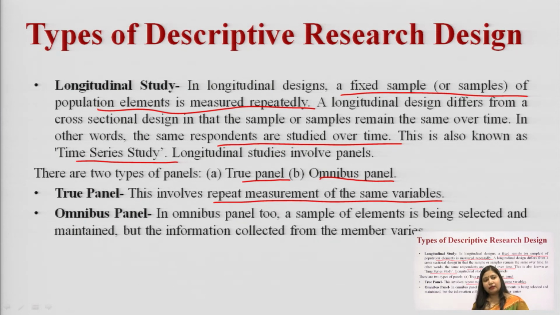In the true panel you give them the same set of questions about the same variables, but in the omnibus panel you change the questions and the information. Every time you collect different information from the same set of samples. So, that is the difference between your true panel and omnibus panel. In the true panel you ask a question about the same variable, but in the omnibus panel you ask a question about different variables.